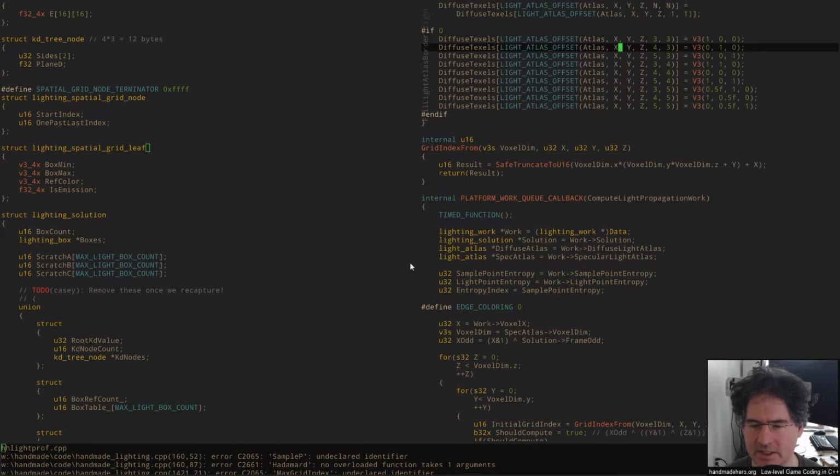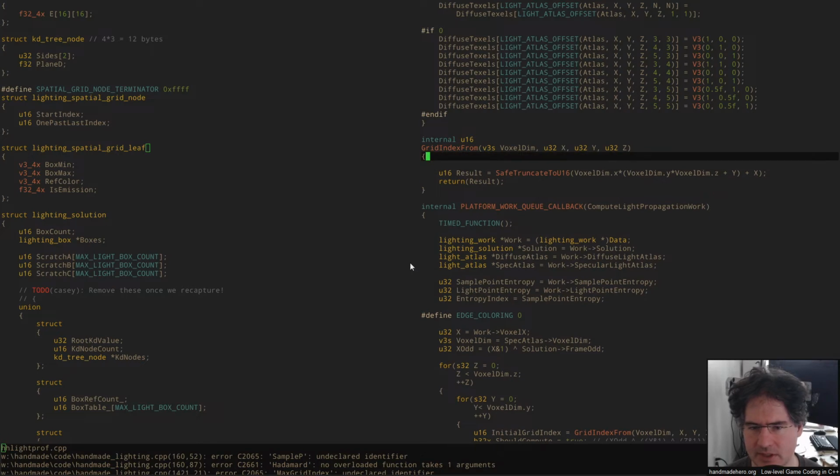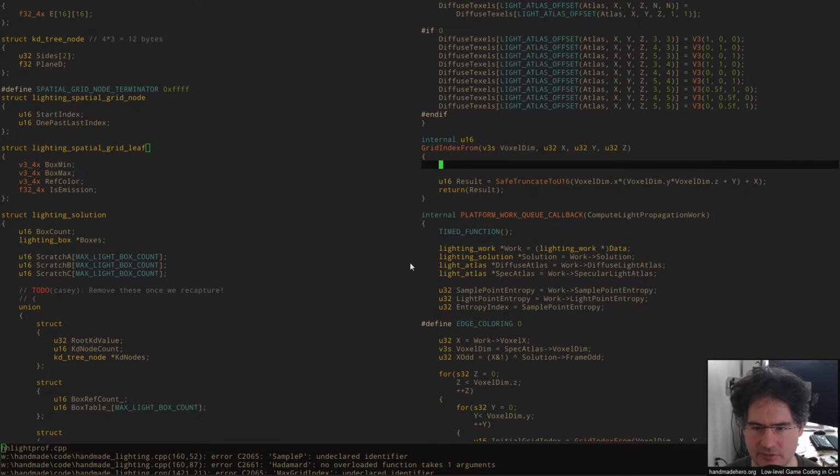Not sure where we got that from, because the equation should look like this, right? X is an offset that's just used by itself. Voxel dim x times the y coordinate is how far the y offset is, because y goes by x slices, and then voxel dim x times voxel dim y should multiply z.